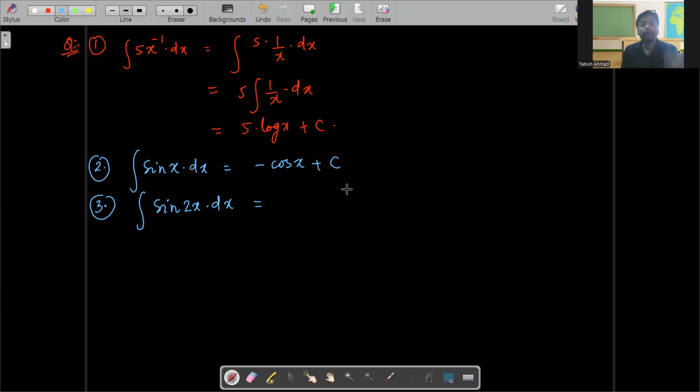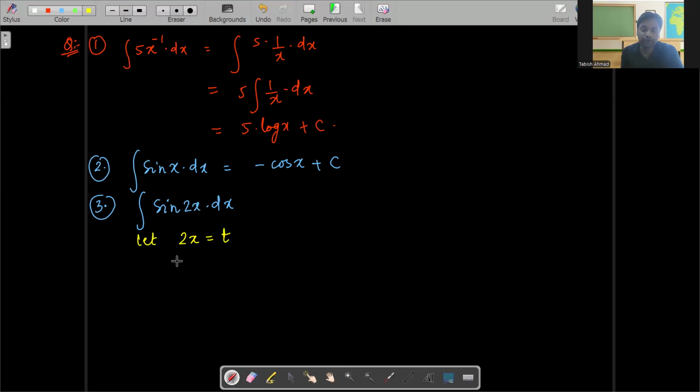See, I want you to understand one thing very important for such a question. What you do is consider that let 2x equal t. Got it? Now, when you consider 2x equal to t, you differentiate both sides.